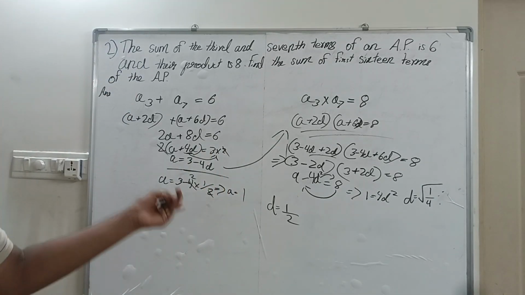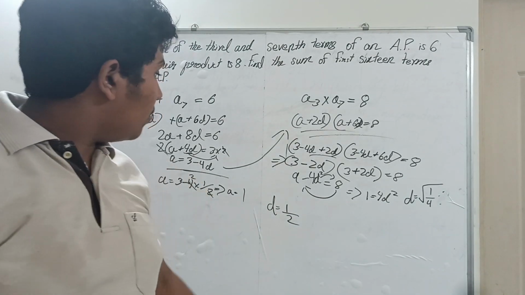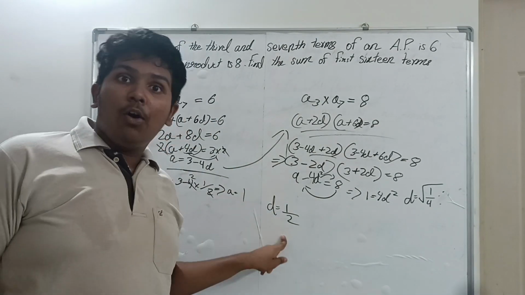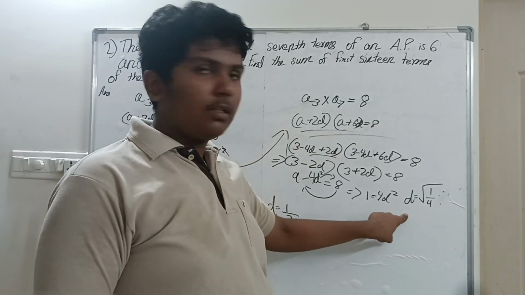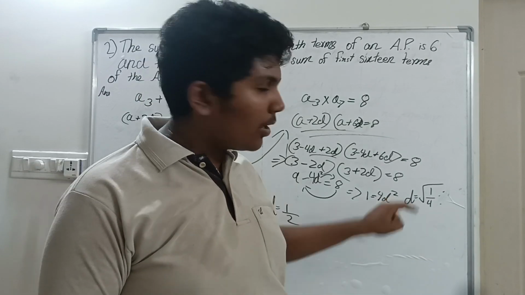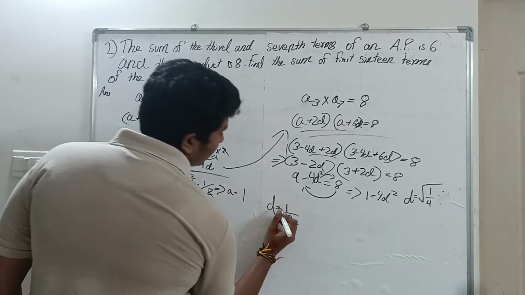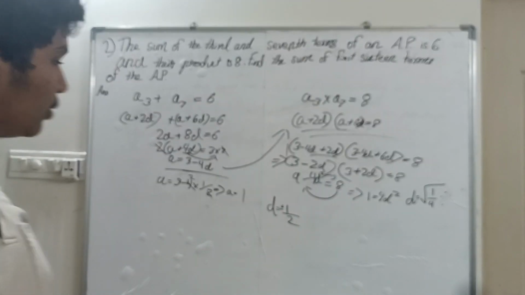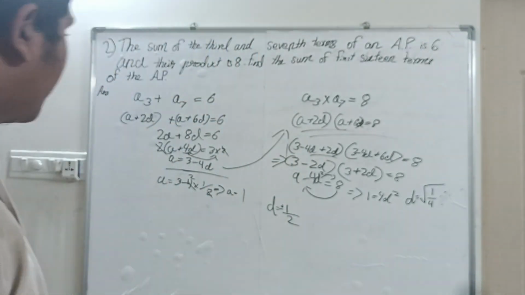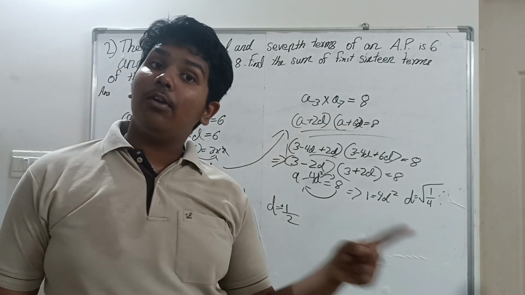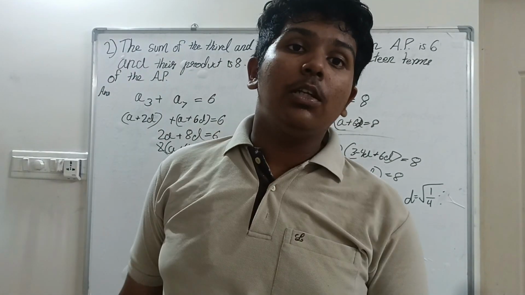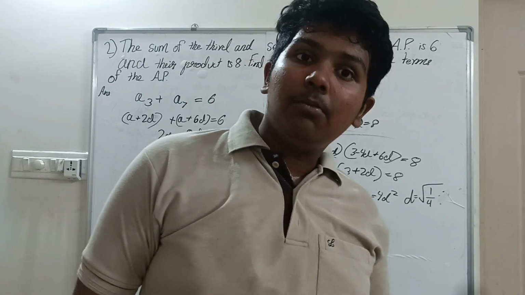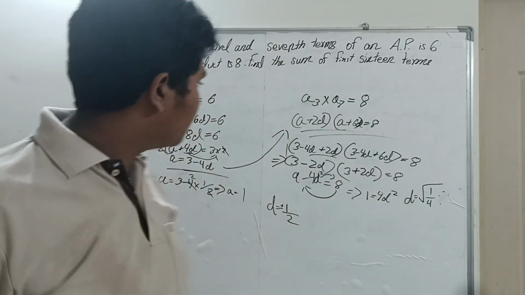But there is something. We don't even know if this is positive or negative, because there might be doubts as well, right? Is this positive or negative? So we will be putting a plus minus 1 by 2. So there will be two cases, because either it is positive or it is negative. So you can try to put it both ways. Some where D is negative and some where D is positive.